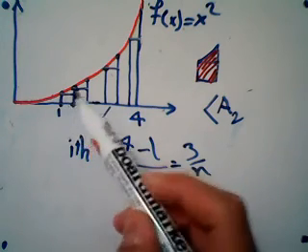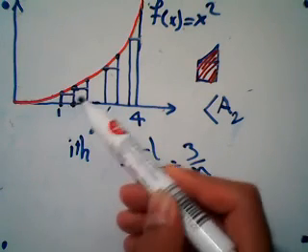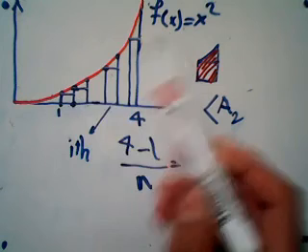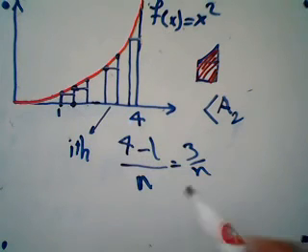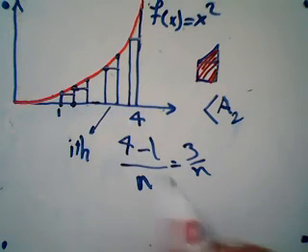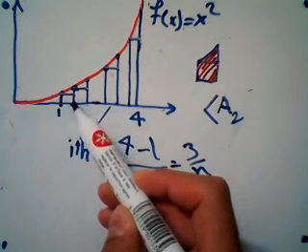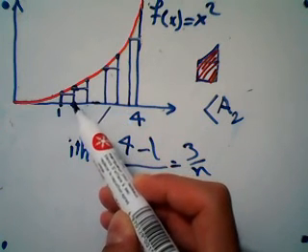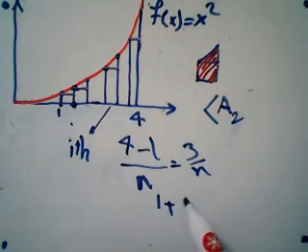And what is the value of f at the beginning point? What is this point? What is its x coordinate? It is 1 plus 3 over n.